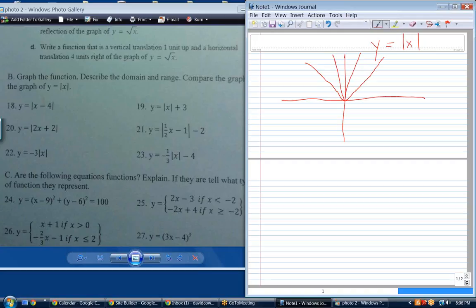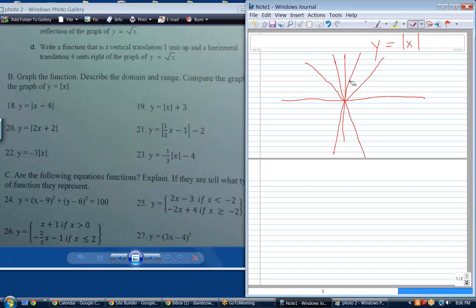It flips it? So the final thing is this. Okay, that's a vertical stretch factor, and it's a vertical stretch factor because it's in front of the function, absolute value of x.